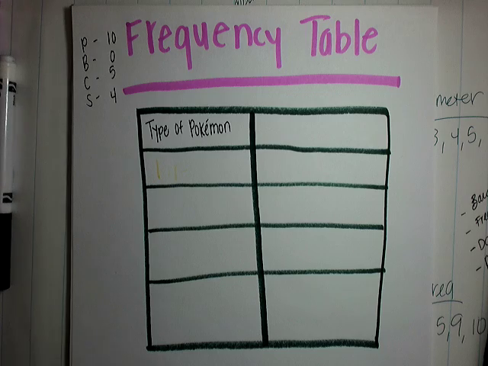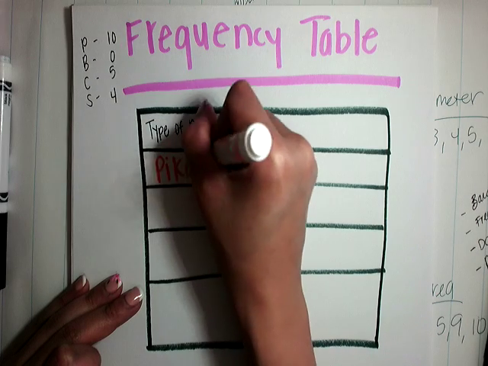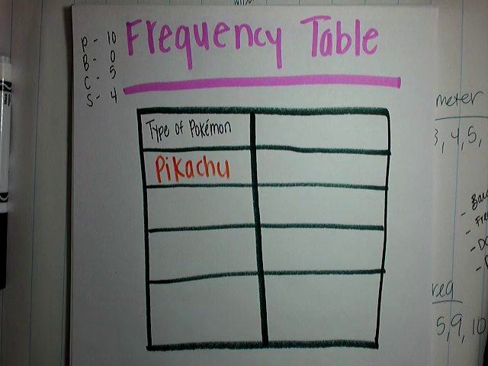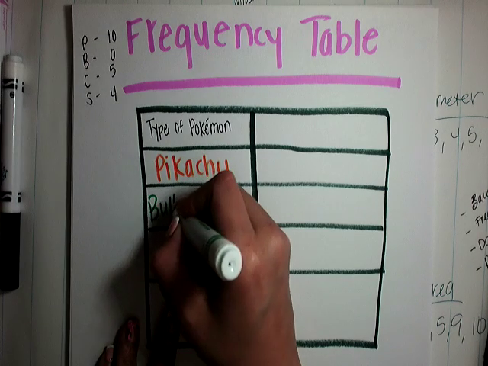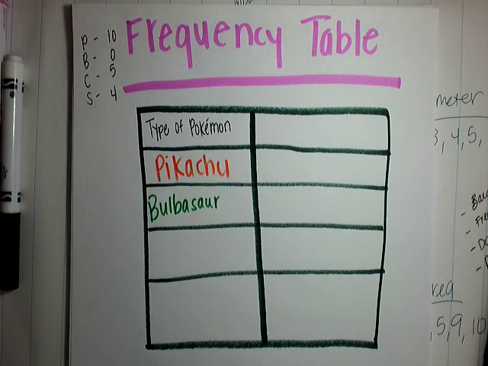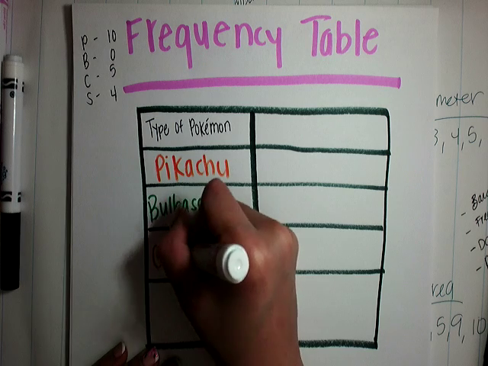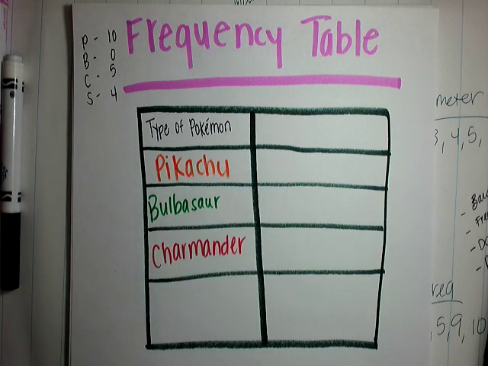All right, let's just do it in orange. Pikachu. Okay, so Pikachu was one option. Then another option was Bulbasaur. Let's see if I can spell these right. Bulbasaur. I think that's how you spell it. Then we had Charmander. And then we had Squirtle.